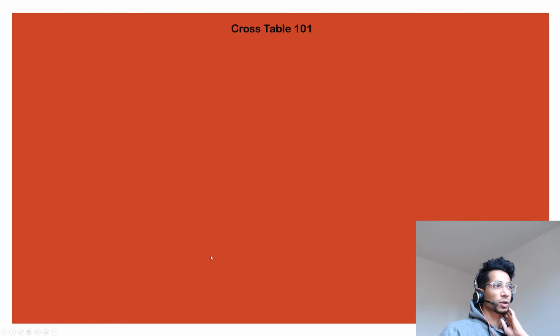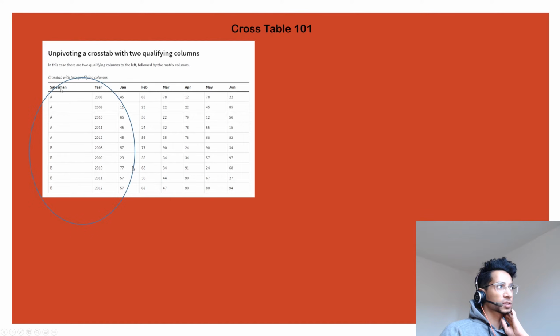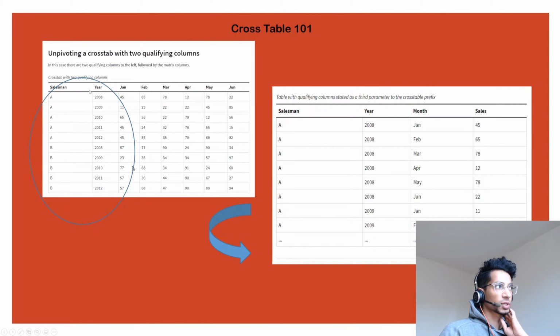What if you have two qualifying columns? In that case, now we have salesman and year as our qualifying columns. So based on this, you want to do the unpivoting, that is to change the column names into your attribute field names. In that case, you want to convert everything except salesman and year into one column called month, and the data values are going to go under the field called sales.